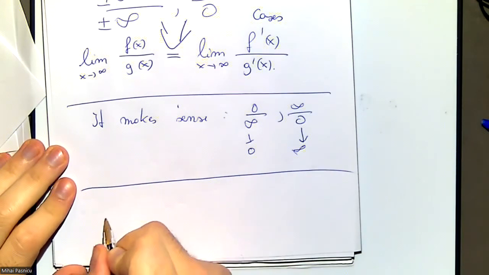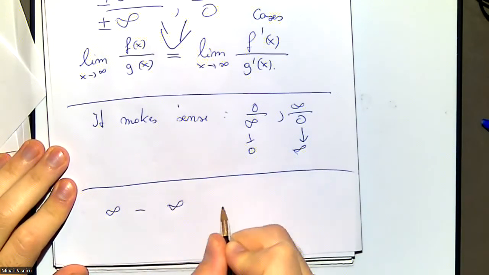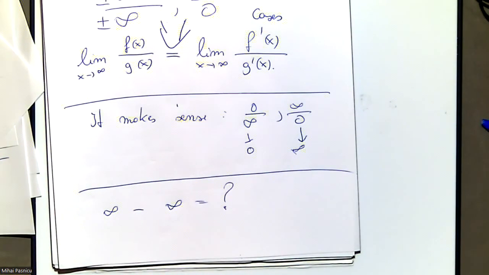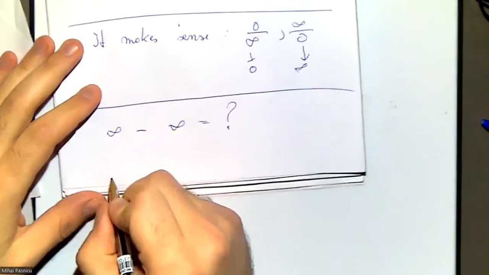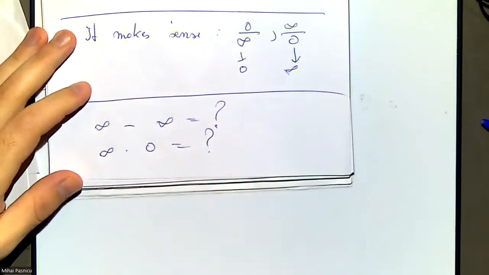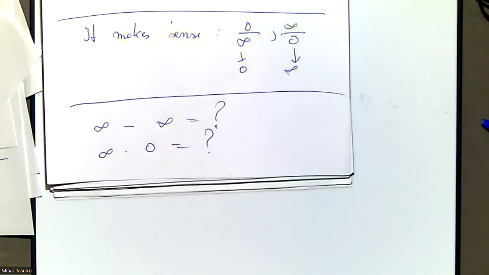Now, interesting question. What does infinity minus infinity equal to? I have an even better one. What does infinity times 0 equal to? These are cases which you've seen up to this point in limits. What are these cases equal to?